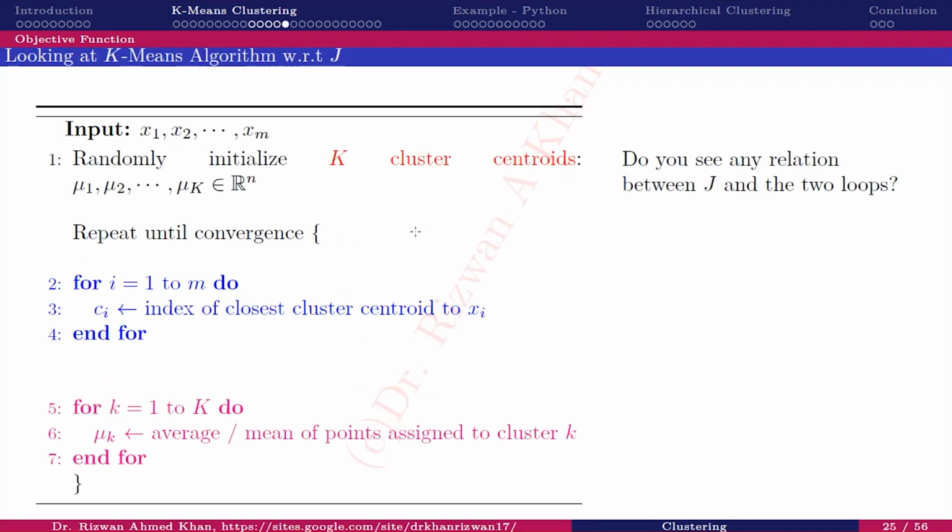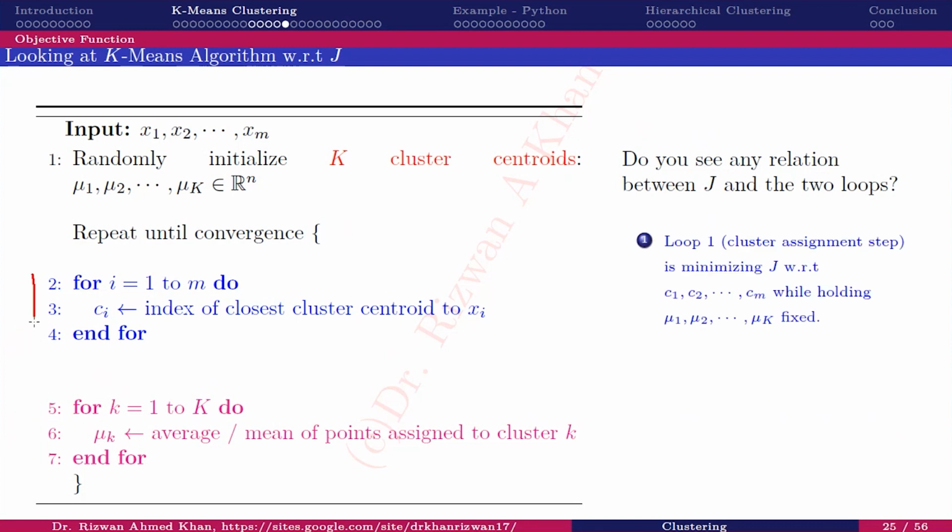Now algorithmically, I will explain how we are minimizing this cost function. This is the same K-means clustering algorithm I have shown earlier, and there are two main steps: the cluster assignment step and the move centroid step, right?